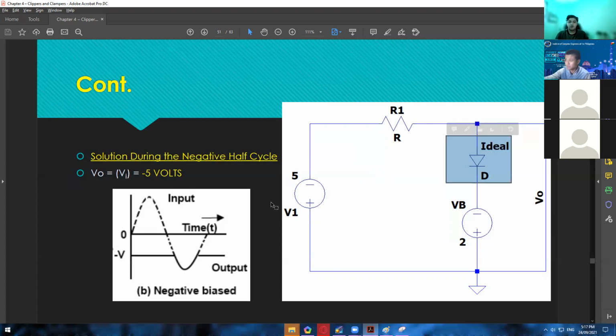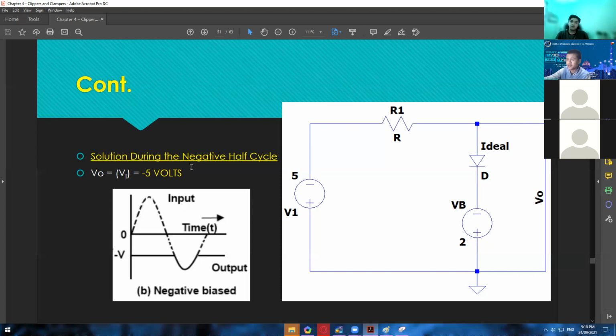So if that happens, our only reading of voltage is now this voltage input, until you reach our peak voltage, which is negative 5 volts. Okay? So that is why we have here negative 5 volts.